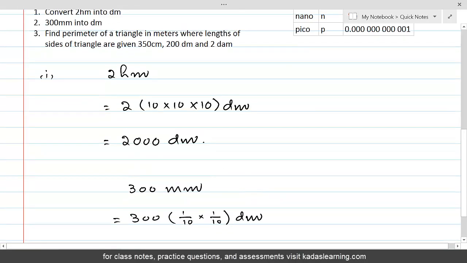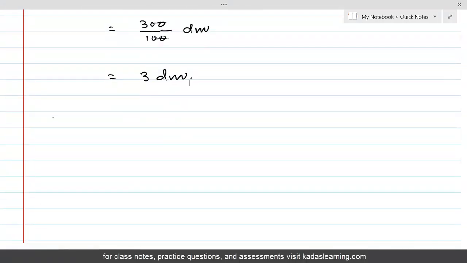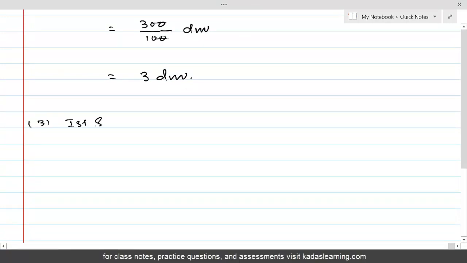Now there is another question: find the perimeter of a triangle in meters where the lengths of the sides of the triangle are given as 350 centimeters, 200 decimeters, and 2 decameters. This is question number 3. The first side is equal to 350 centimeters.